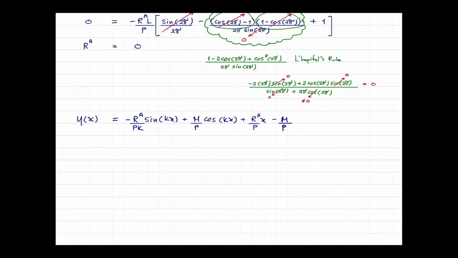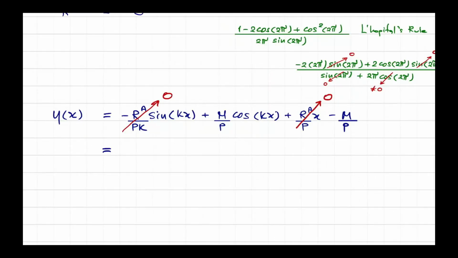Right now we get the RA being 0 and this RA being 0, so we will have this equation: M over P multiplied by cosine kx minus 1.